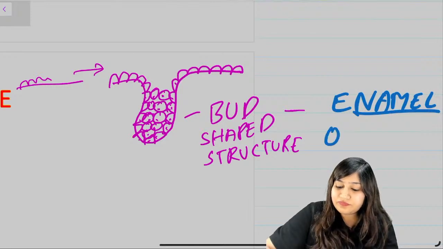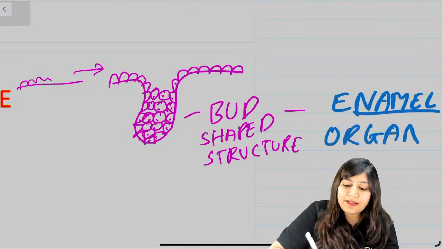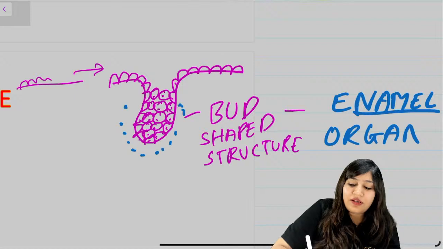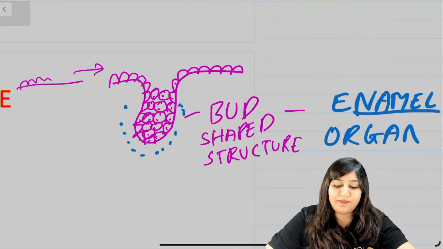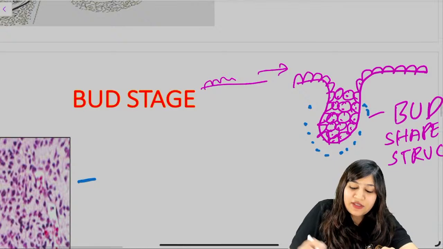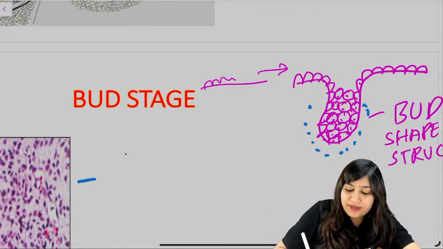Ectoderm. And surrounding this we have ectomesenchymal cells.